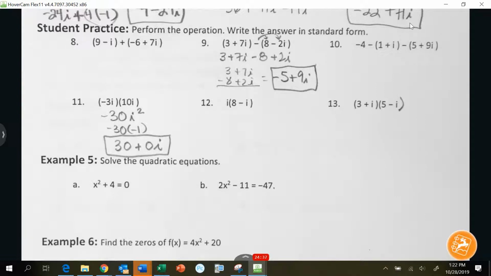What? Say it again? Yeah, you did it right so far. Yeah, you're on the right track. We're doing 12 and 13. So if you didn't do 12 yet, we're doing 12 and 13.